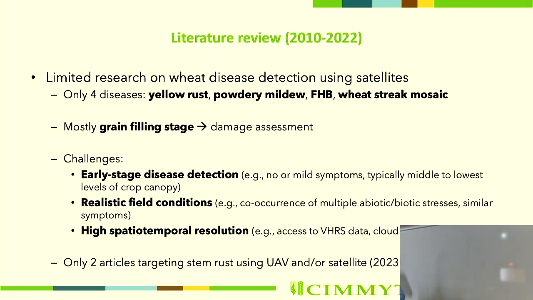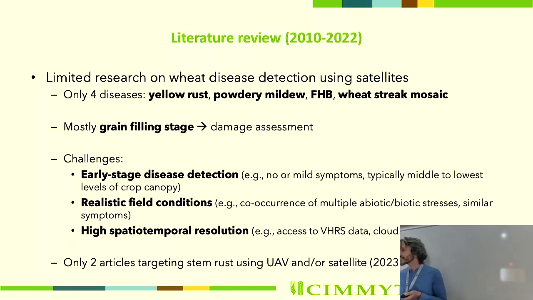So this is not suitable for us in a context of disease early warning. It's always too late. It's suitable for damage assessment. And why is the remote sensing community looking mostly at stripe rust? You can clearly see it by naked eye, so also the sensor can pick it up easily.